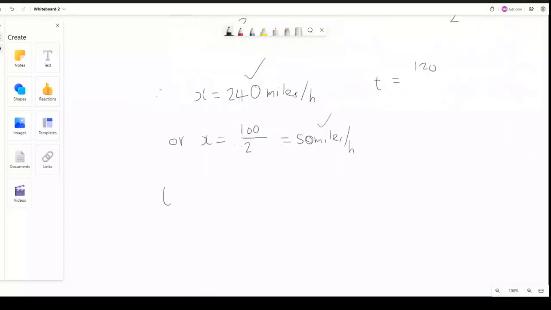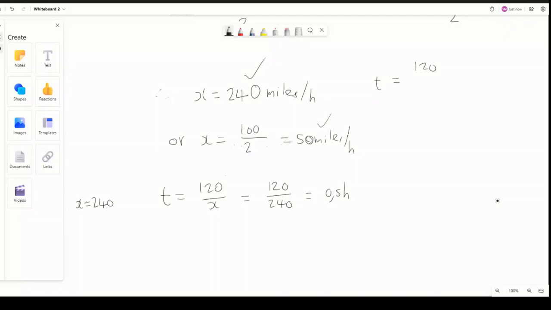Now we can substitute X equal to 240. We're checking X equal to 240 now. So therefore, T is 120 over 240, right? Which is equal to a half, which is 0.5 hours, right? Which is 30 minutes.